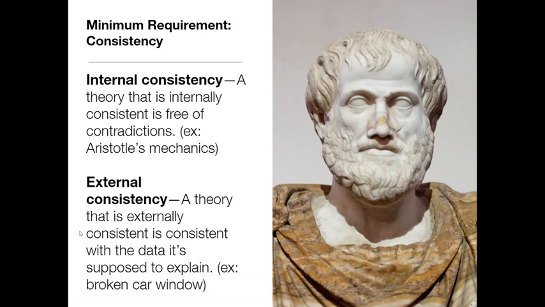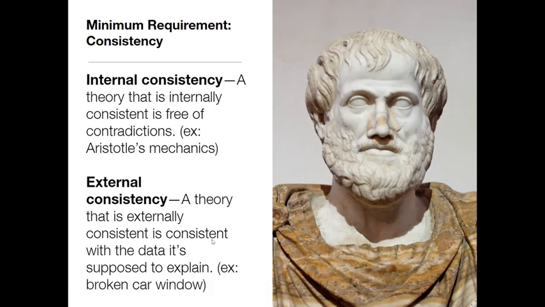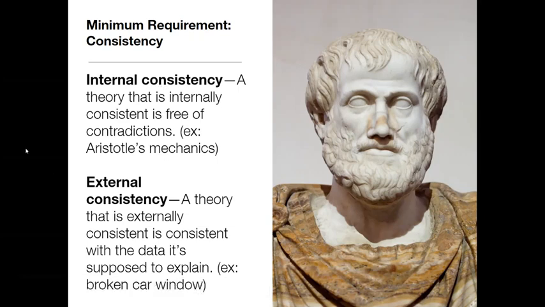Well, that's not consistent with the external fact that there's blood on the windshield, right? So that gives more credence to the explanation that somebody broke your window and then crawled through the glass to get to your steering wheel, right? So we want any theory or explanation to be both internally and externally consistent, ideally.